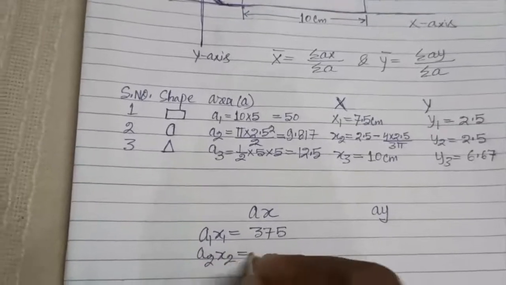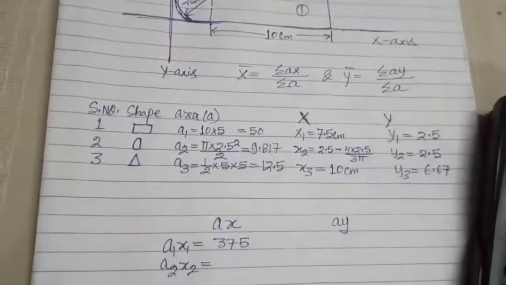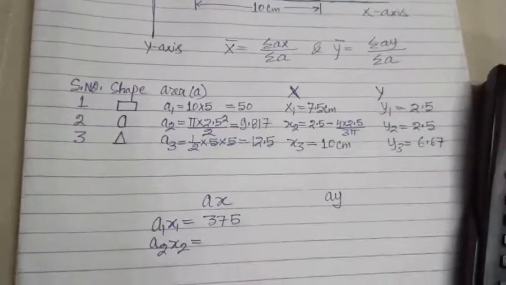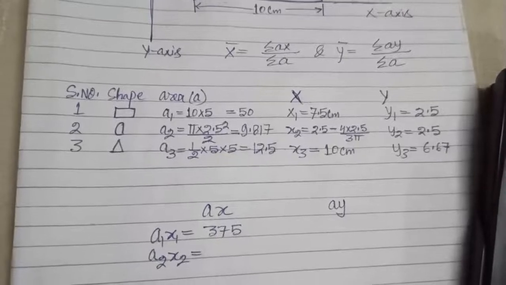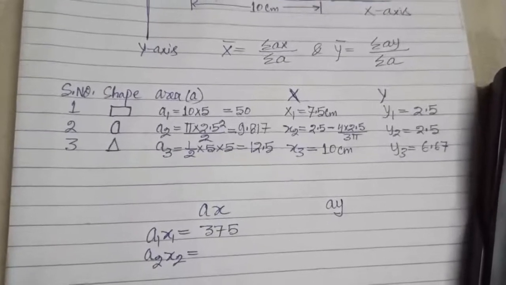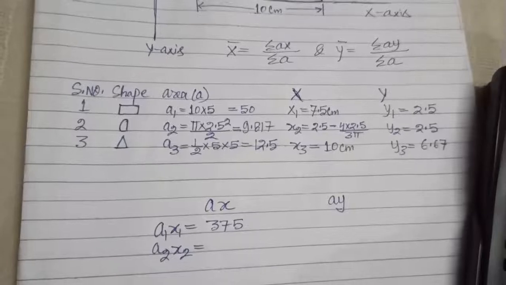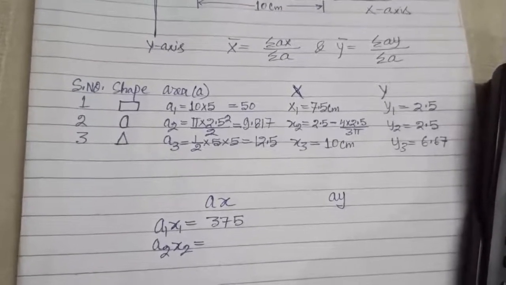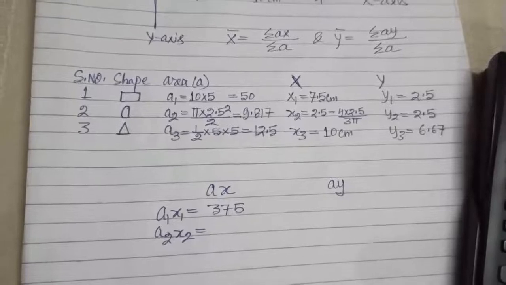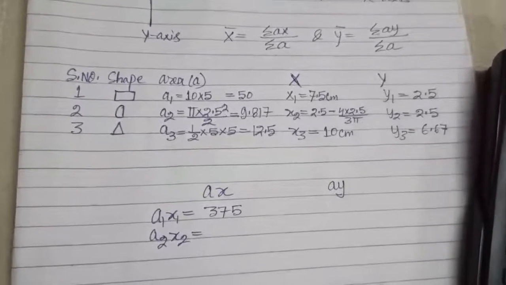A2x2 is, first of all we have to find out x2. So x2 is 2.5 minus, within bracket, 4 into r divided by 3 pi.